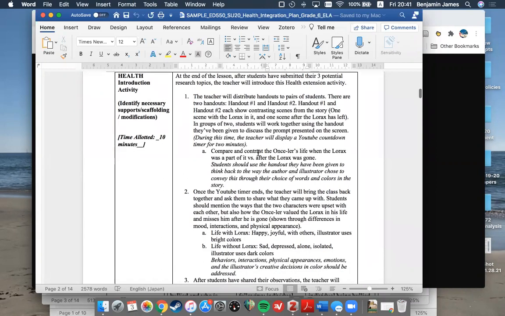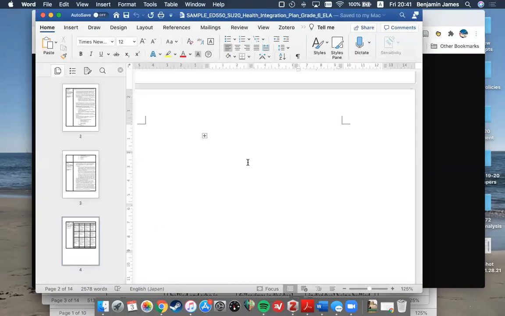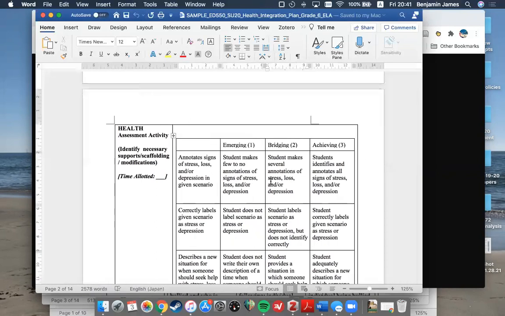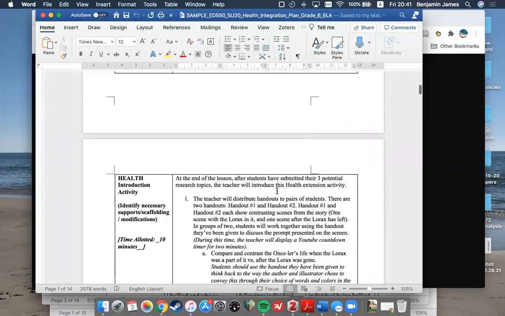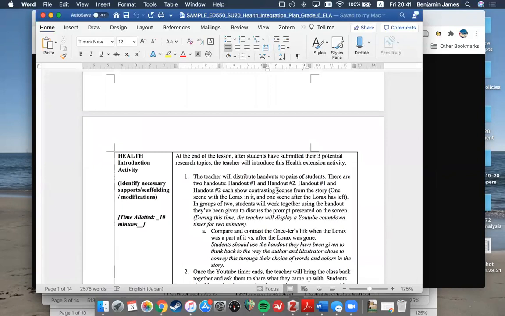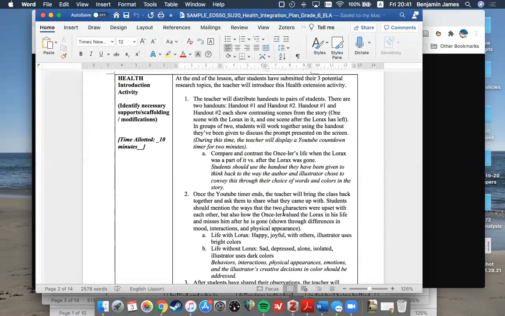So this jumps a little too quickly into the we do, right, into this part here. I would say there can be a better introduction where the teacher is prompting them with a guiding question or getting them thinking about connecting it to their own lives, or really starting that introduction, but it's not that.